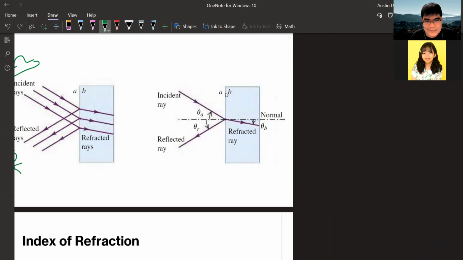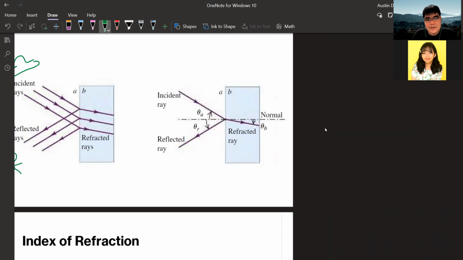So, interface, itong patayo. So, dapat perpendicular yan dun sa normal line. So, yung position ng normal line would be on the spot kung saan tumama yung incident ray mo. Okay? So, from this line, dito ka rin magme-measure ng angles sa normal line mo.